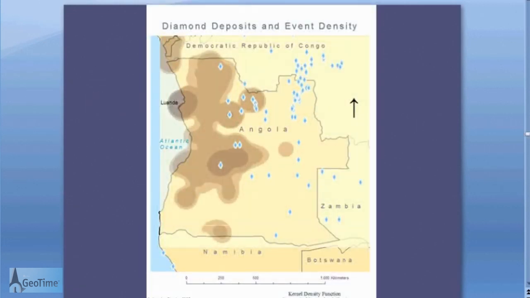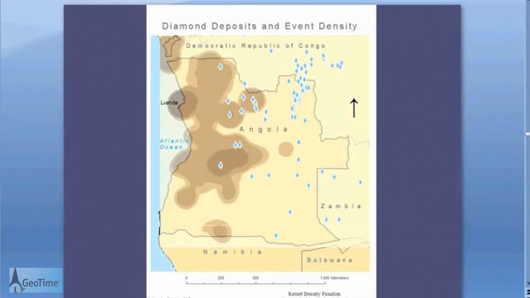Because of the legacy of this research, I wanted to test whether we see any evidence of violence taking place more often in diamond-rich areas versus non-diamond-rich areas.